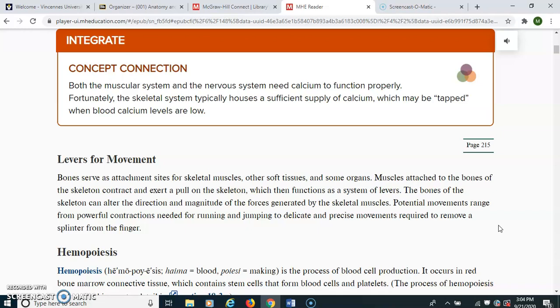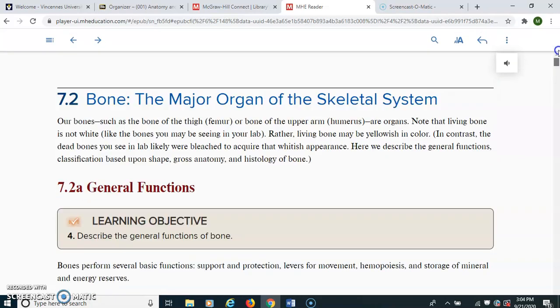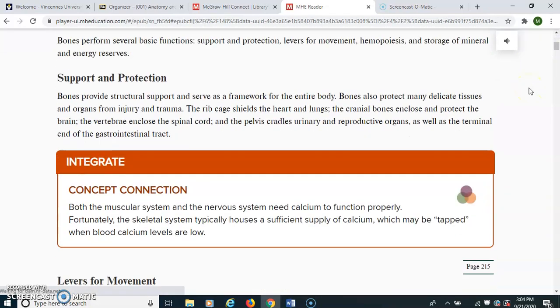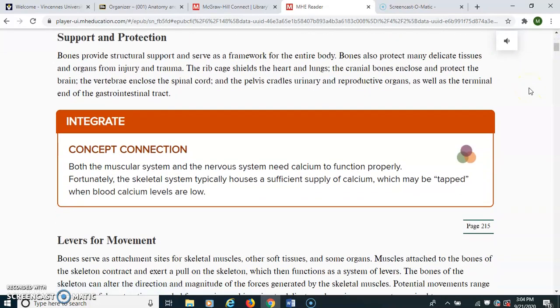And we can do really cool movements, varying degrees of movements, from precise, specific, slow movements to large, powerful contraction kinds of movements. All right, so those are probably the two that everybody's pretty familiar with: support and protection, and levers for movement.